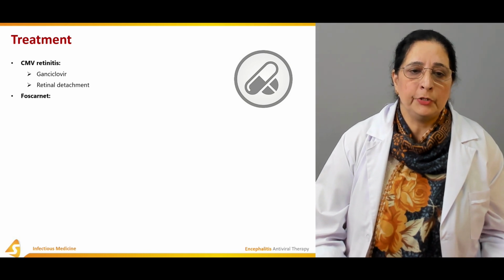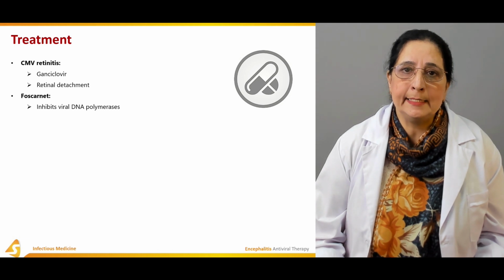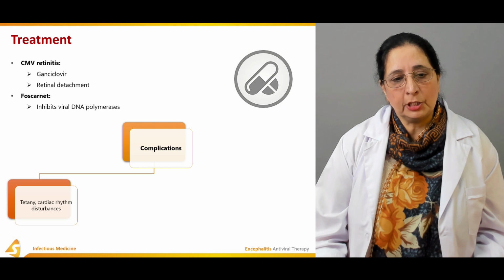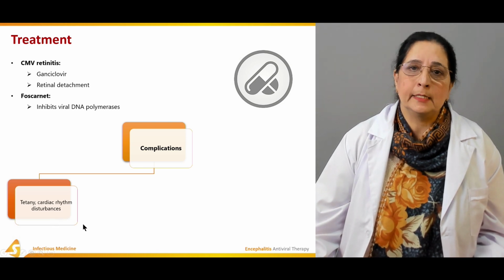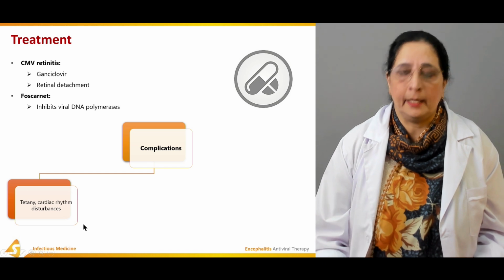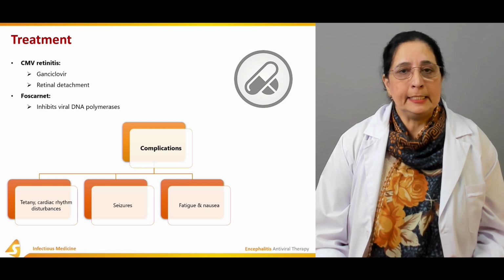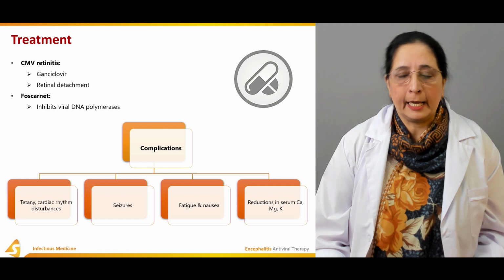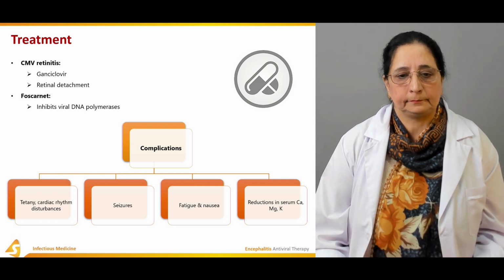Then we can also use foscarnet, which inhibits viral DNA polymerases. Complications are tetany, cardiac rhythm disturbance or cardiac arrhythmias, seizures, fatigue and nausea, and reduction in serum calcium, magnesium, and potassium levels.